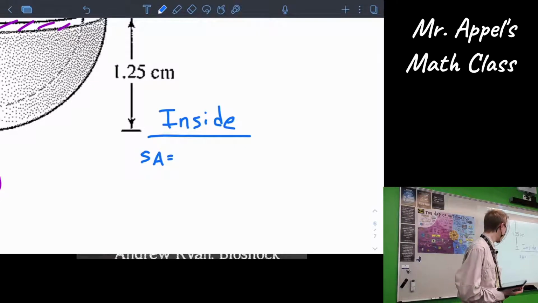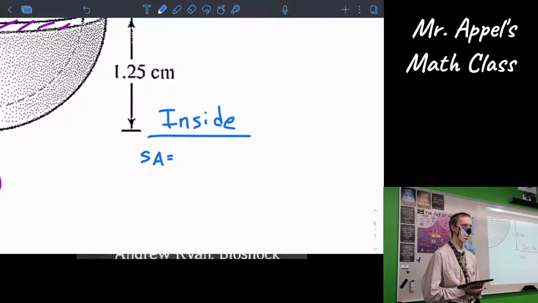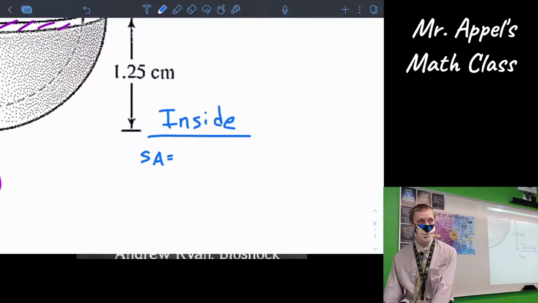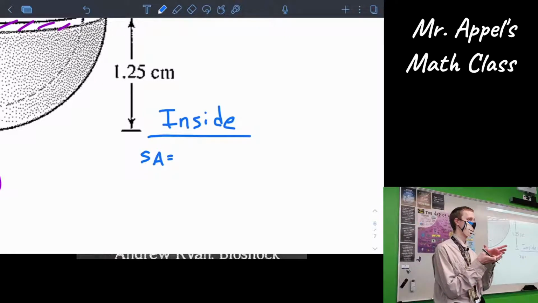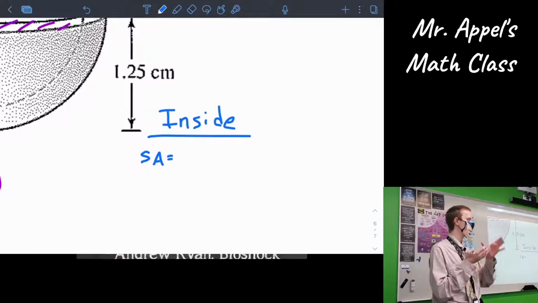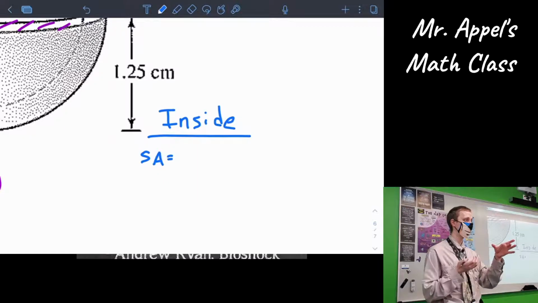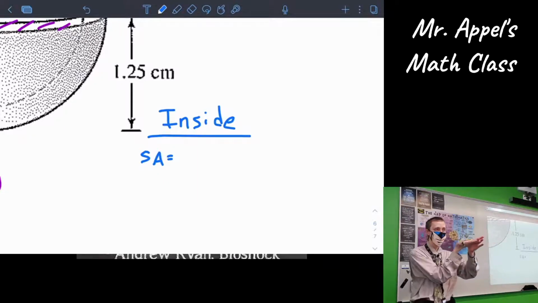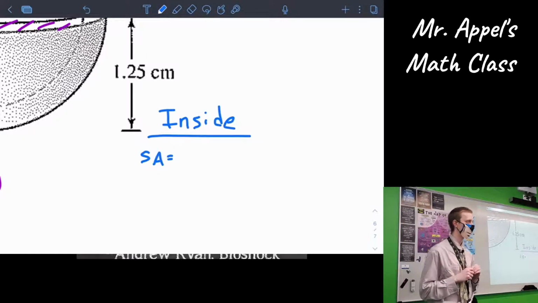How do I find the surface area of a hemisphere? Well, since I'm not counting the bottom of the hemisphere, it is just half of a whole sphere, right? We slice it off, and we're not recounting that bottom section.